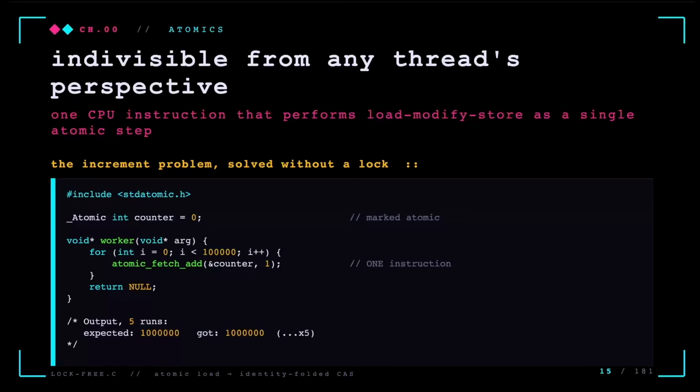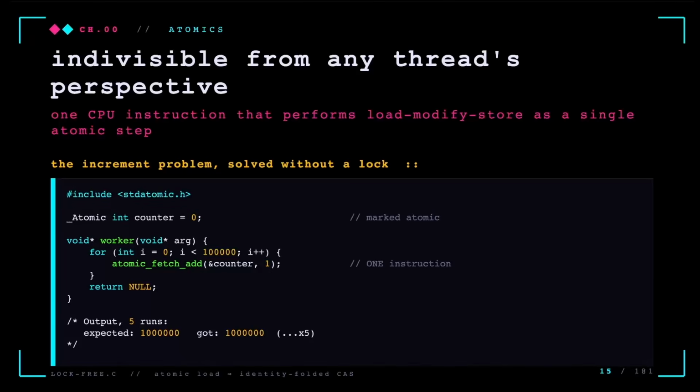So this is the same increment problem. However, it is solved without a lock. Underscore atomic int basically declares the variable as atomic. So it means like since we have a set of functions that are atomic, they usually have to deal with atomic variables.